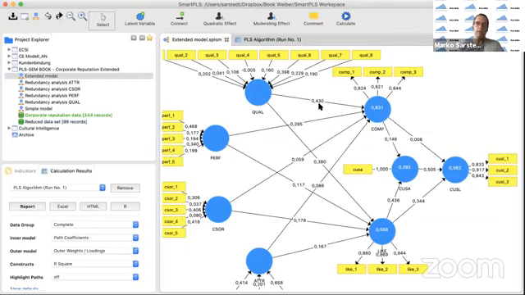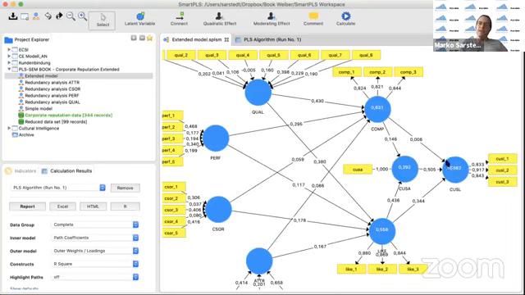If you run a regression model in, say, SPSS or Stata or R, you get the standardized estimates. Standardized estimates means they are standardized on a scale from -1 to +1. +1 means perfect positive relationship, -1 means perfect negative relationship, 0 means no relationship. And so we can actually compare these values here. If some path, some arrow has a higher value, that means that it's more important for explaining the target construct.